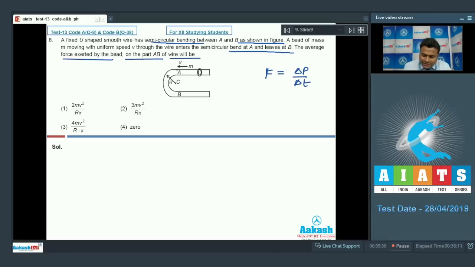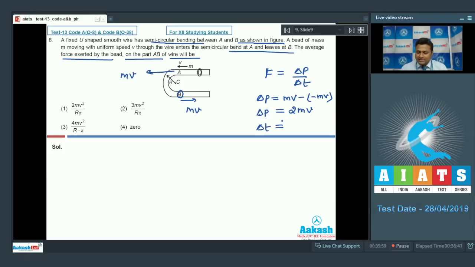When the bead was reaching A, the momentum was mv to the left. At the instant of leaving, mv to the right. So we can surely calculate the change in momentum, that is final mv minus initial mv in left, that's why negative. So 2mv change in momentum. What time it took, we can calculate, delta T. Semicircular wire, so time will be what?